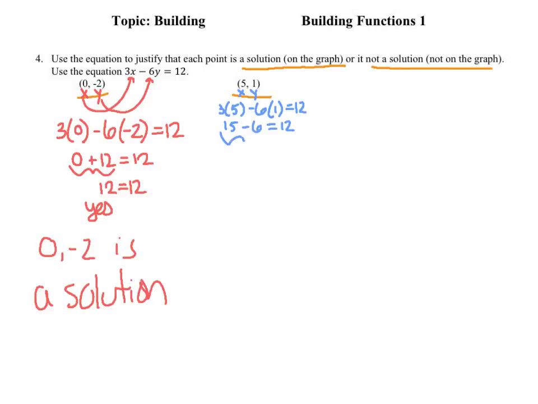Now I'm going to combine like terms. 15 minus 6 is 9, equals 12. Well, think to yourself, does 9 equal 12? No. So, 5, 1 is not a solution, which means it is not on the graph.